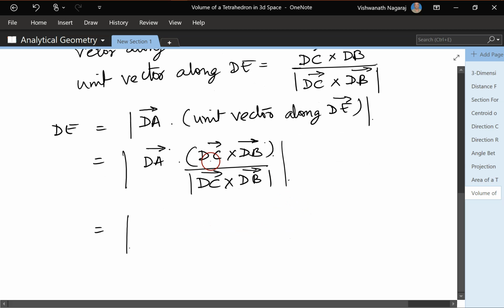Now if you look at the numerator, this is nothing but the scalar triple product, which can be written as DA, DC, DB. This you have to remember.